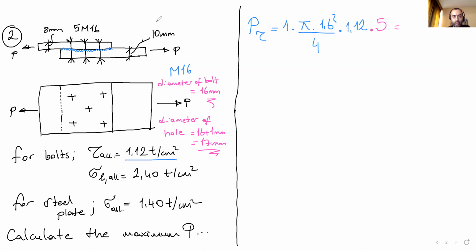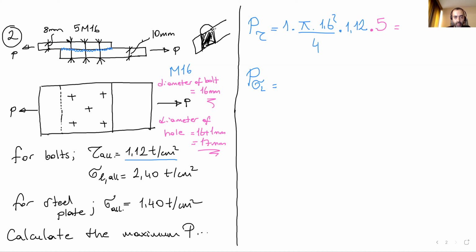That's okay, later on. Let's write the equation for bearing. Remember, it was about the cross-section area of the bolt. Let me draw it here. If I have a section like this, the mid section is this.